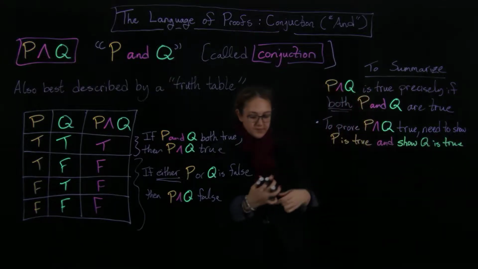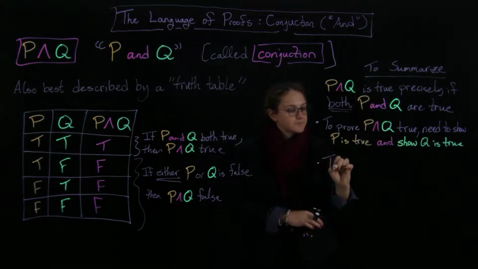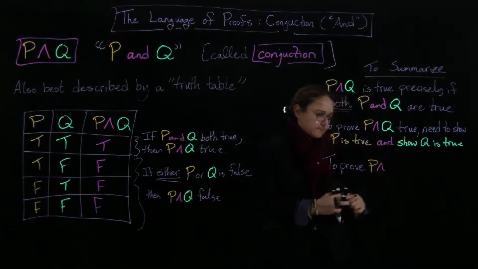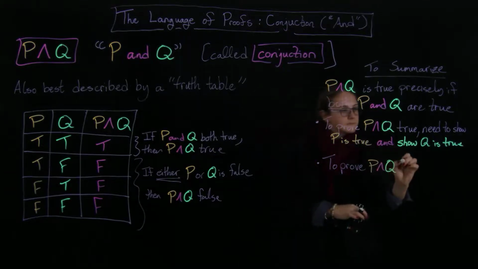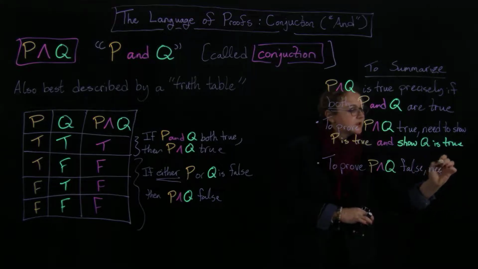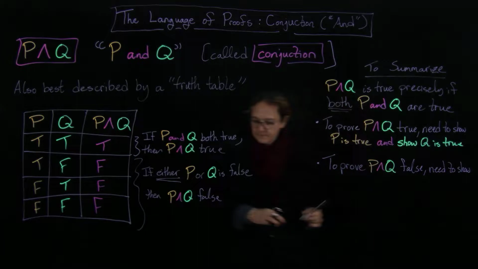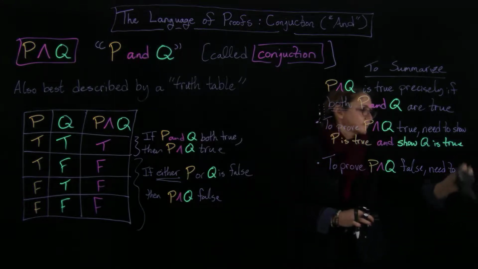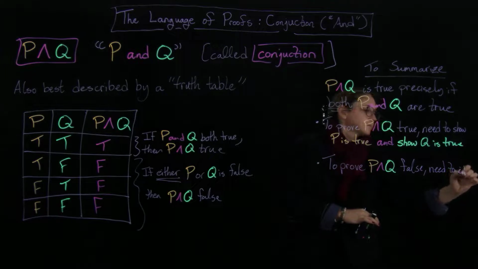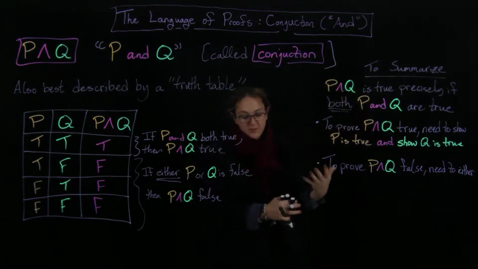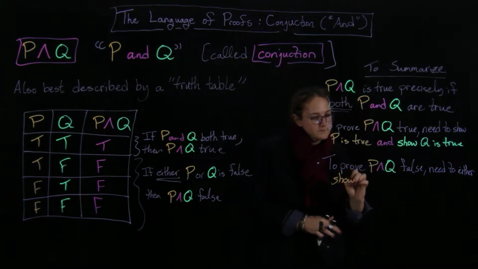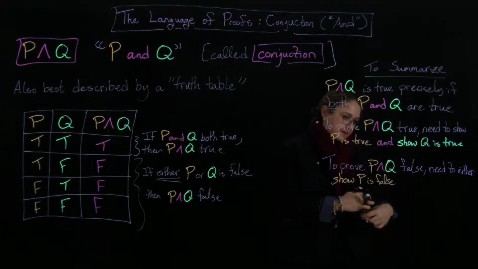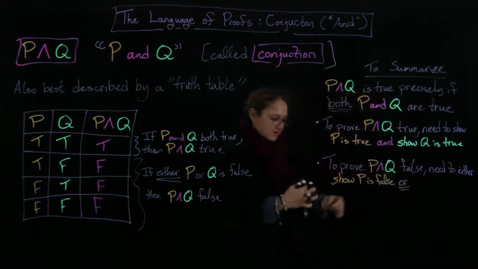But if we want to prove a statement of this form is false, then we need to show either that P is false or that Q is false.